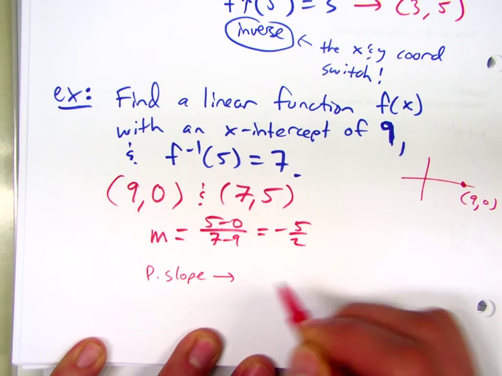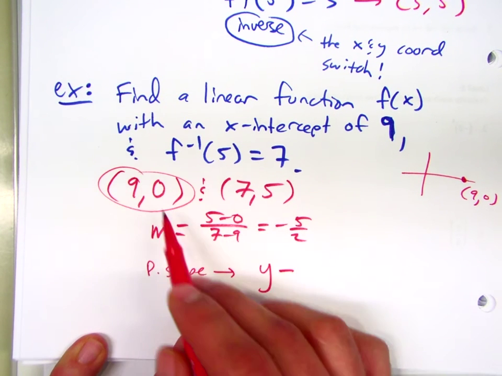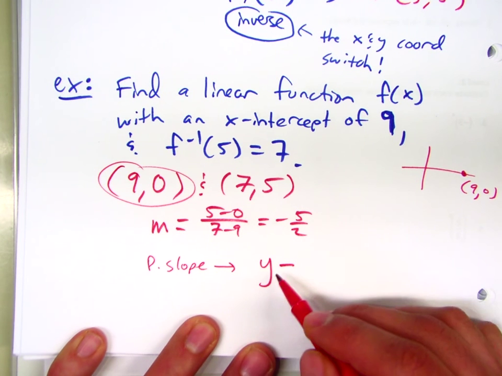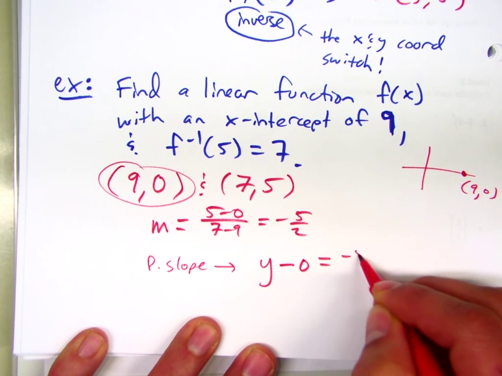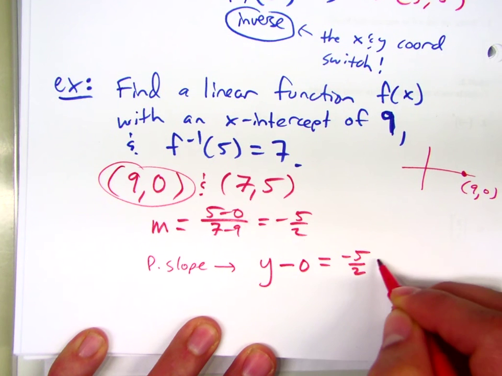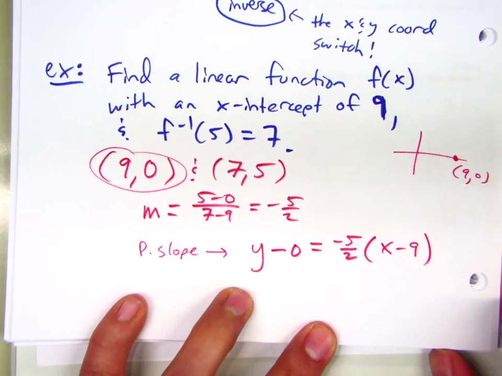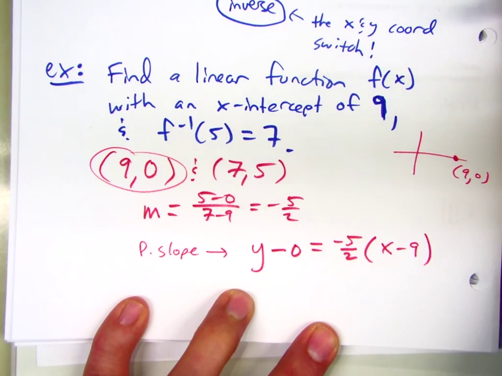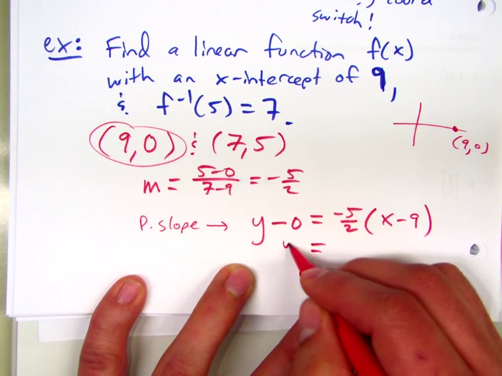So use point-slope form to get started. If I do, let's use the first coordinate, since that's got a 0 in there. It'd be y minus 0 equals the slope, which is negative 5 over 2 times x minus 9. And y minus 0 just turns into y.